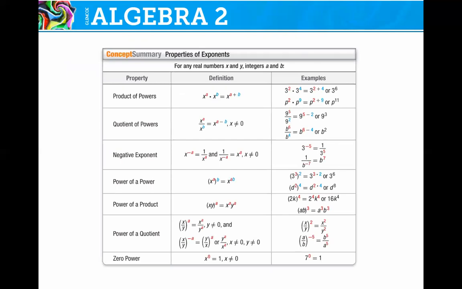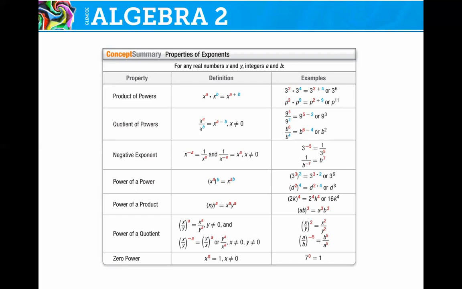We're going to the summary, or the properties of exponents. Thanks, Saud. We have the product of powers. From the previous grades, we know that if we have equal bases and we are multiplying, we add the powers.